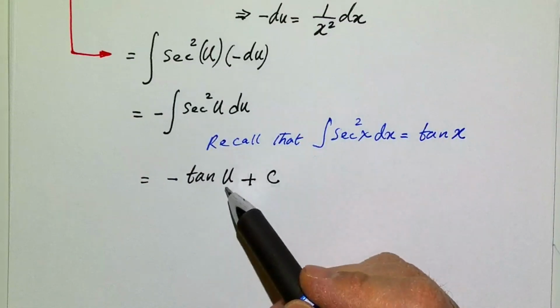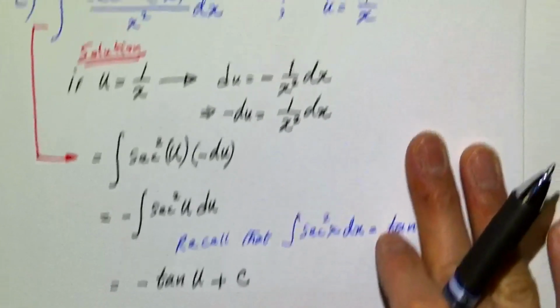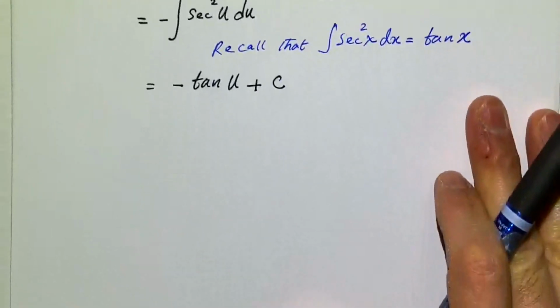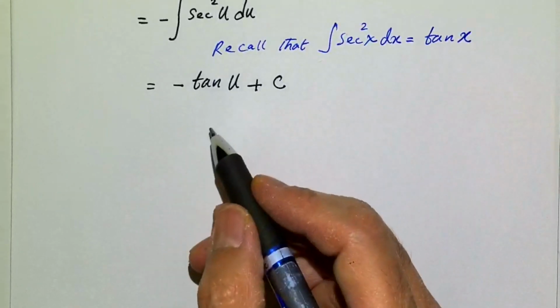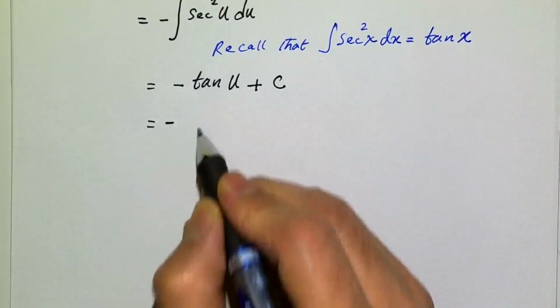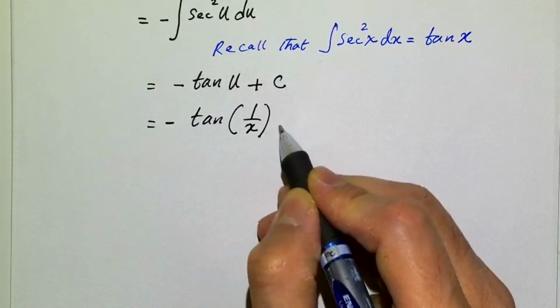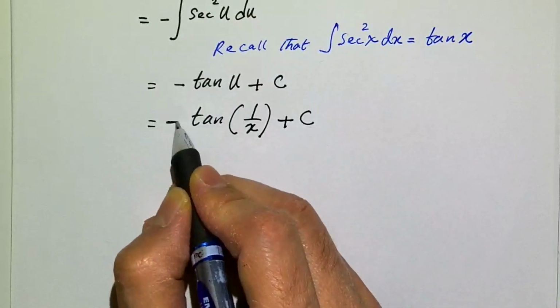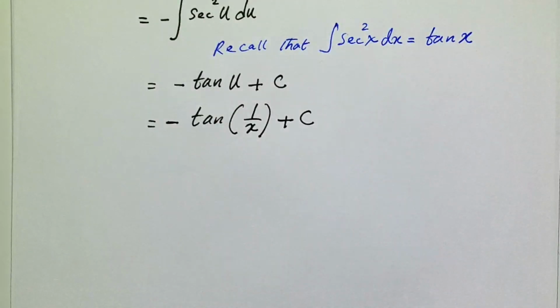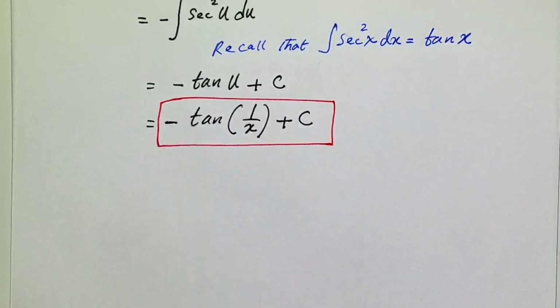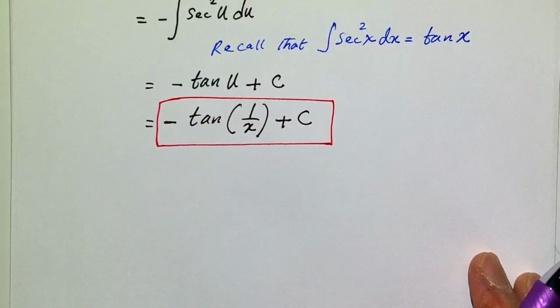But then u was a substitute. The original expression is 1 over x. So we can bring that back and plug it in, and we have minus tangent of 1 over x plus c. And there we have it. Okay? So very useful integration technique this is.